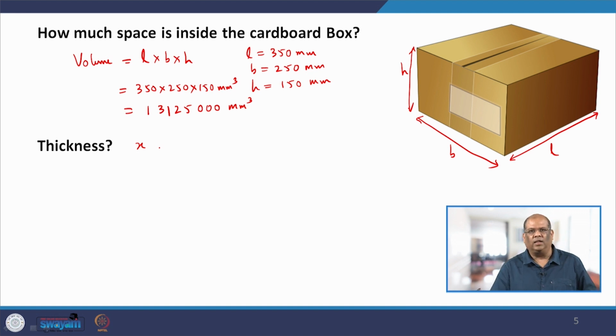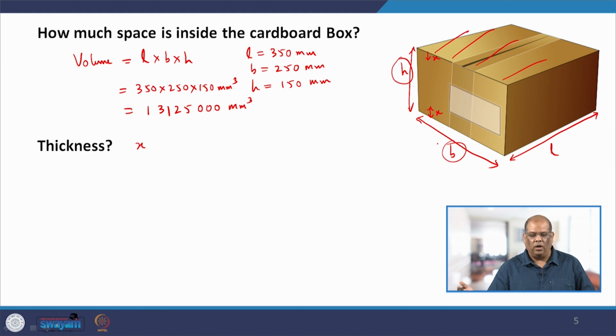Now you can see the top part has a thickness x, and the bottom part also has a thickness x. So, basically 2x is deducted from this height h. Similarly, the same 2x will be deducted from the length and from the breadth.